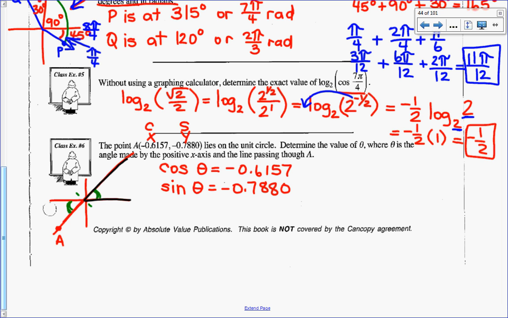So to figure out the reference angle, to figure out this little angle here, we're going to use what we learned yesterday. We can take either one of these two equations. It wouldn't matter because we know the cos and we know the sine. I'm just going to take the sine, but it's the inverse sine of 0.7880. Remember, you use the absolute value, so you wouldn't put the negative sign in there, to figure out what the angle is. And the angle would be 52 degrees if you plug that into your calculator.